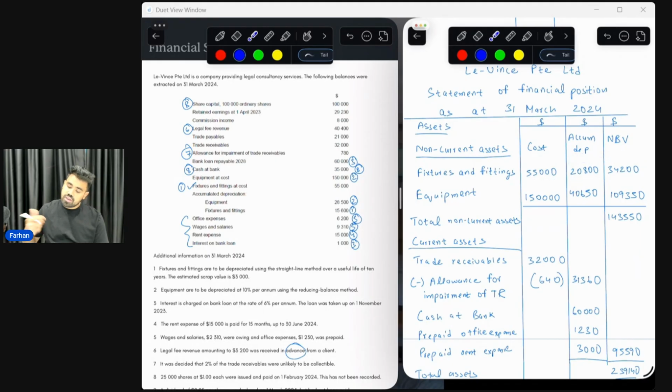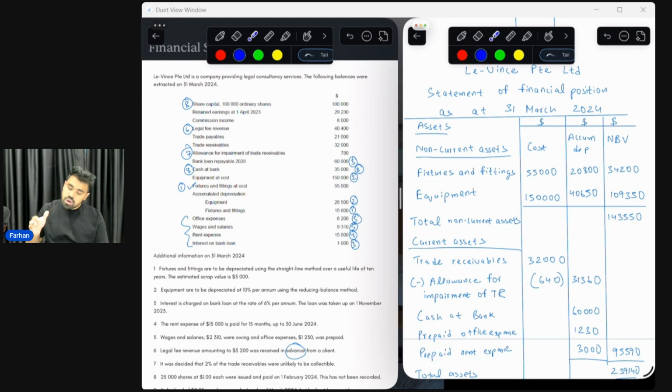And that gave us a net book value, which is the difference between the cost and the accumulated depreciation, of $34,200. We have done the same thing for equipment, the cost of $150,000 in the given balances. Then we subtracted the accumulated depreciation of $40,650, and that gave us a net book value of $109,350.